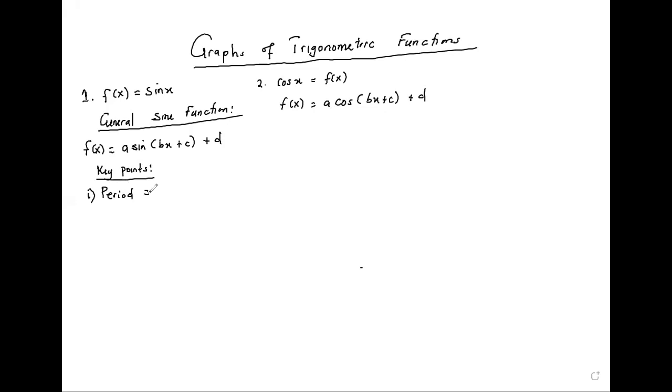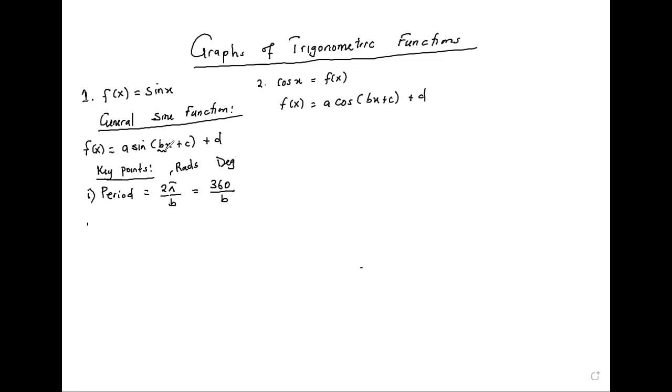So the period has a formula 2 pi over b, which is the same thing as saying 360 over b. So this is in radians, and this is in degrees. First thing, you are able to see b is the coefficient of the angle, where there is x inside there.